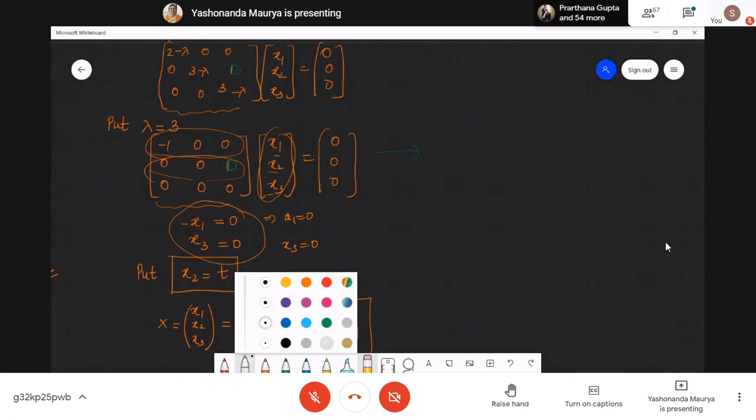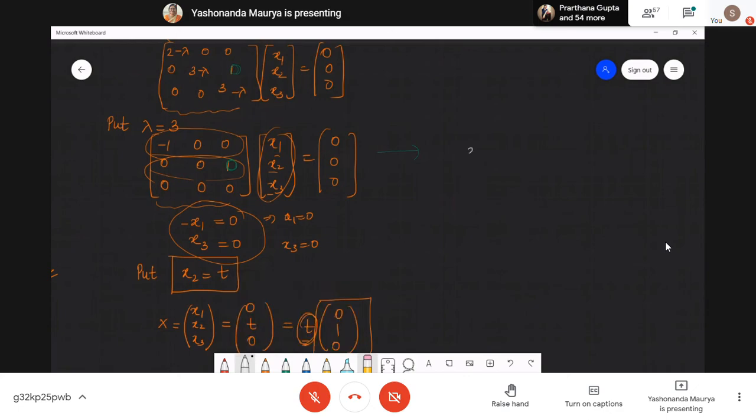So now here in this case, what we are getting is x1 is equal to 0. Only this much is what we are getting from this particular thing. Okay, we are not getting any condition on x2 and any condition on x3. So what we'll do is, now we will put x2 as s and x3 as t.